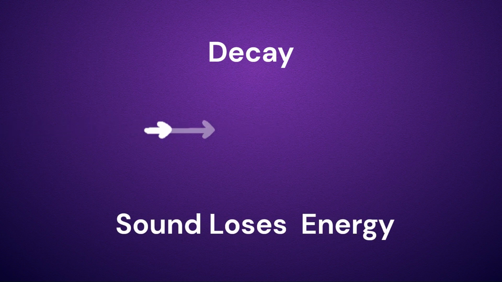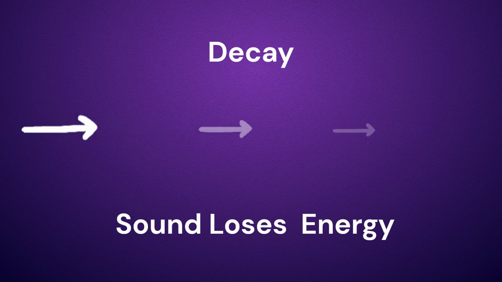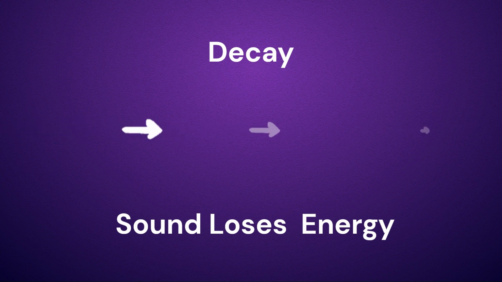Another element is called decay. As the sounds bounce around and travel distances, they lose energy and their volume starts to decay. That's a term that we'll also hear when we're learning about how to control artificial reverb.